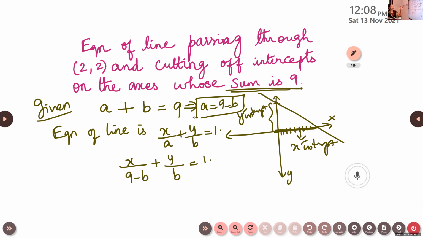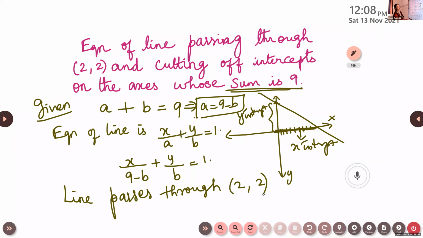The equation of the line passing through 2 and 2. So the line passes through 2 and 2. That means x value is 2 and y value is also 2. So 2 by (9 minus b) plus 2 by b is equal to 1.